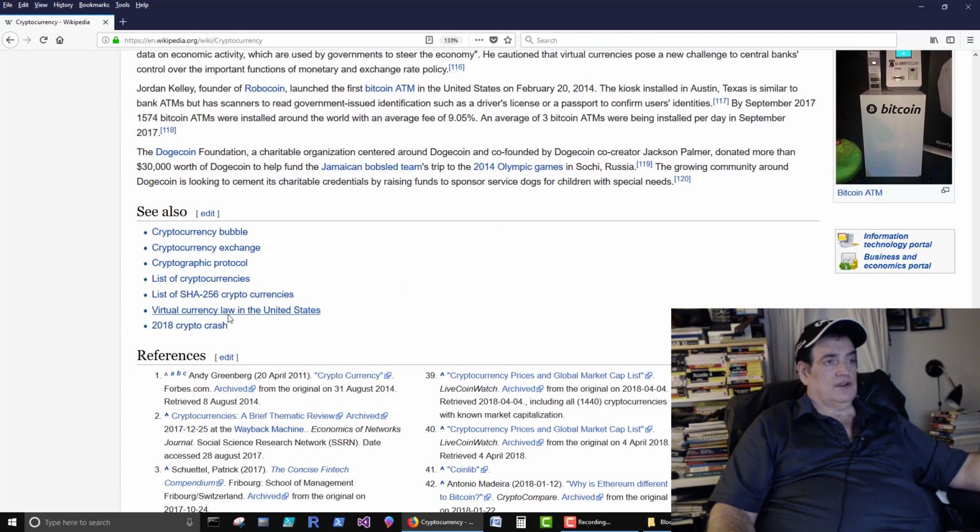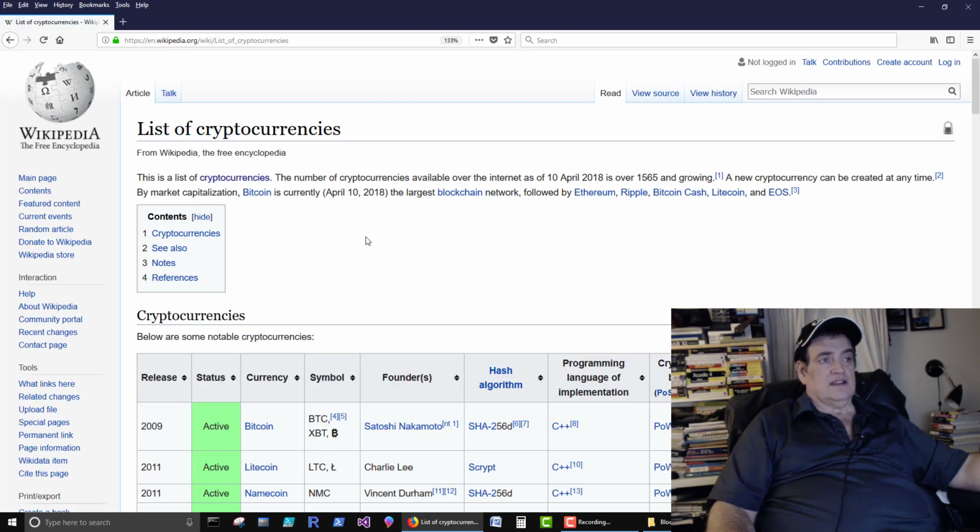So this part here, these are usually pretty good. These are some of the main topics that they go through. Here's a list of the different cryptocurrencies. There's lots of them, I think there's hundreds or thousands. Bitcoin is just the main one. Bitcoin was the first one.